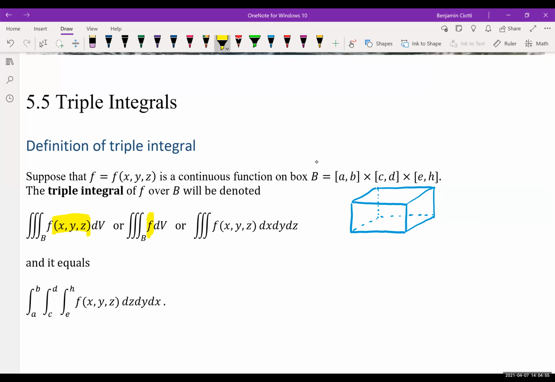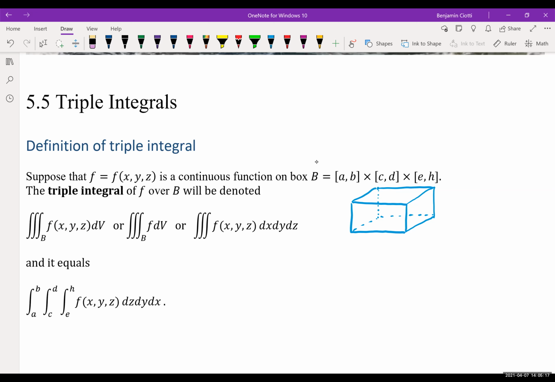It gets kind of tiresome to write out the whole argument all the time. So all 3 of these are valid notations to indicate a triple integral. None of those tell you how to compute it yet, but maybe you can guess because it's kind of analogous to what we did with double integrals.